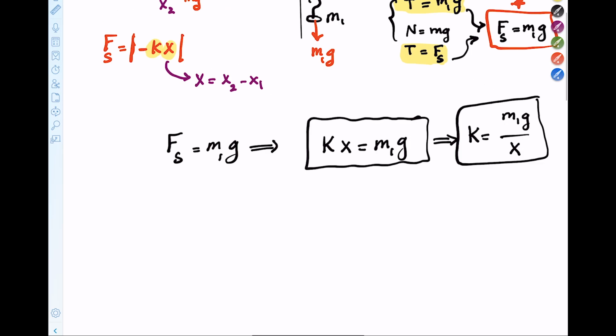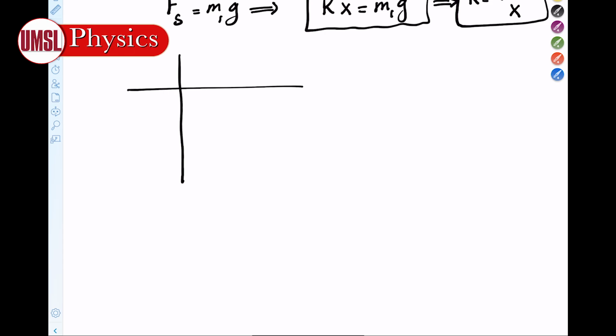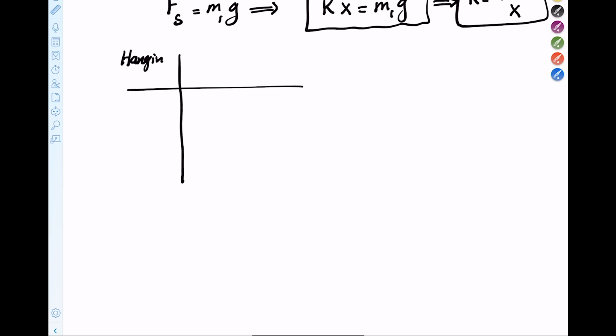So for the first part of the experiment, I recommend having a table for part 1. Let's say we only need 2 columns and multiple rows: hanging mass, and displacement.